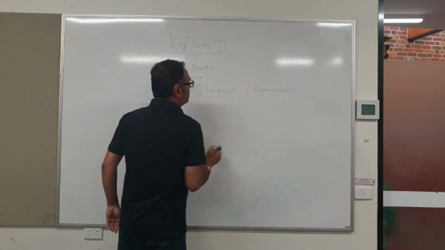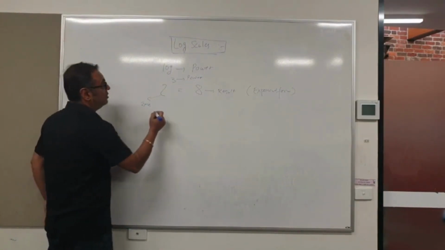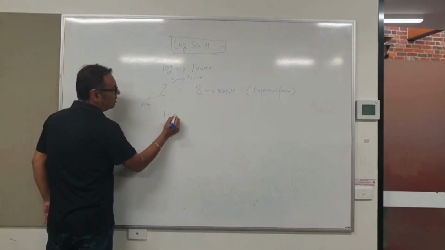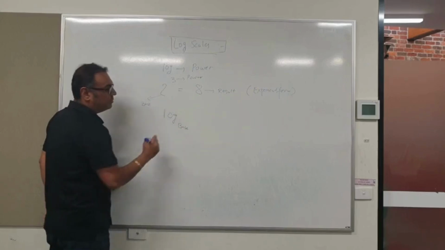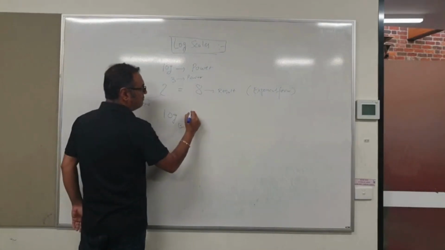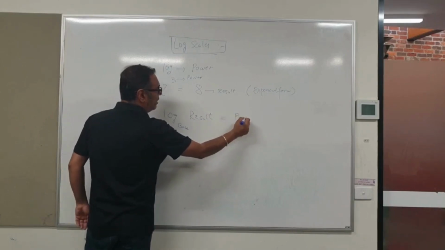Exponent form. How do you convert this into a log form? I mean, it's worth writing down, important. You say the word log, you have the base coming at the bottom, then you have the result sitting along, equals to the power.